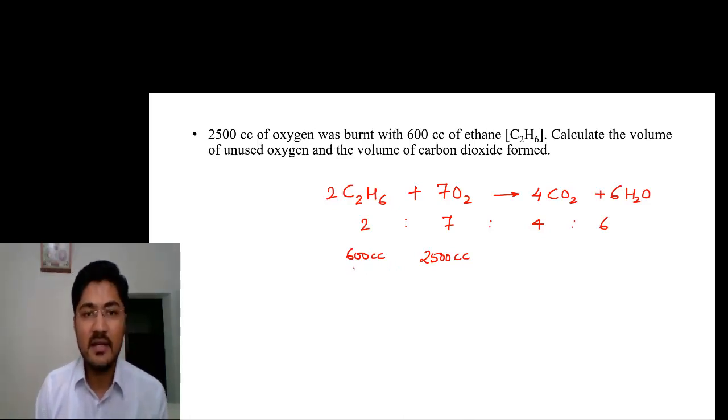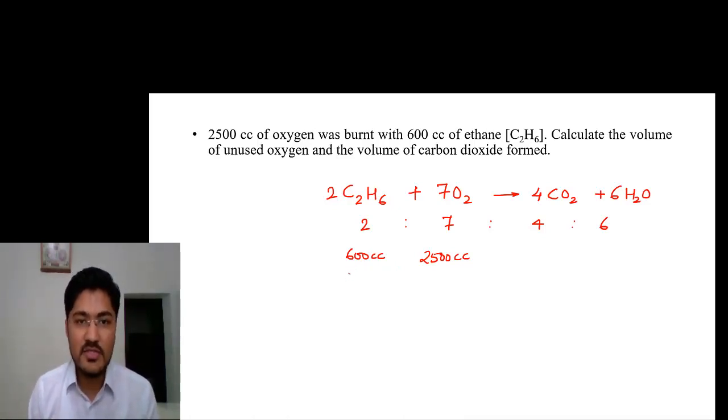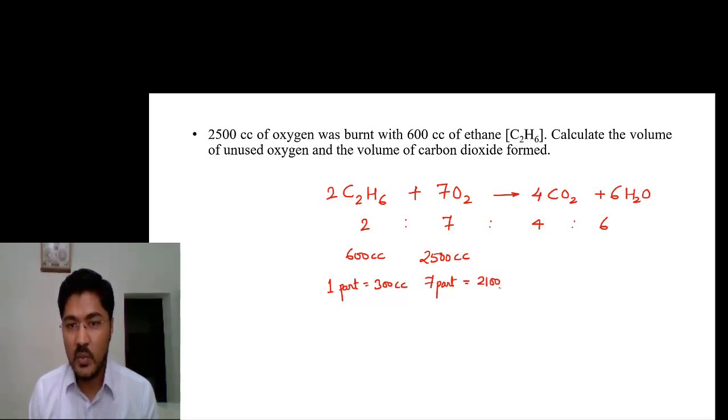So let's directly attempt this question using ethane: 2 parts of ethane is 600 cc, so 1 part is equal to 300 cc, and oxygen is 7 parts as per the whole number ratio. So this will be 2100 cc.